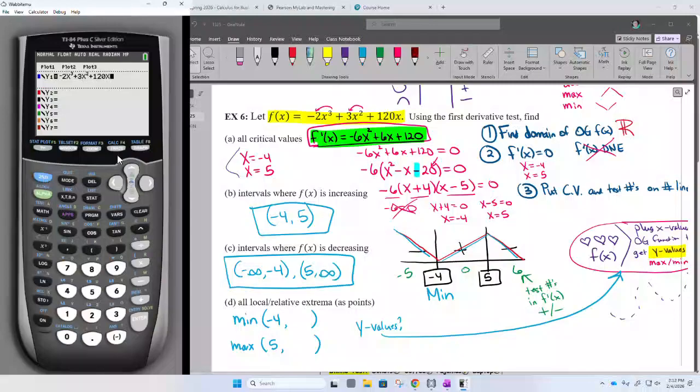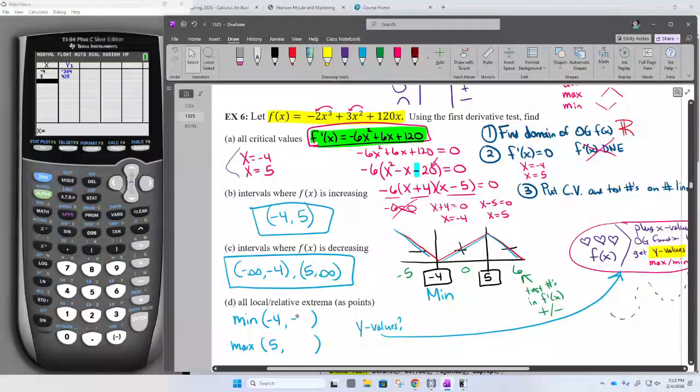And then I'll go to my table and delete. And I'm going to type in -4, enter, 5, enter. And so I get my y values: -304 and 425.